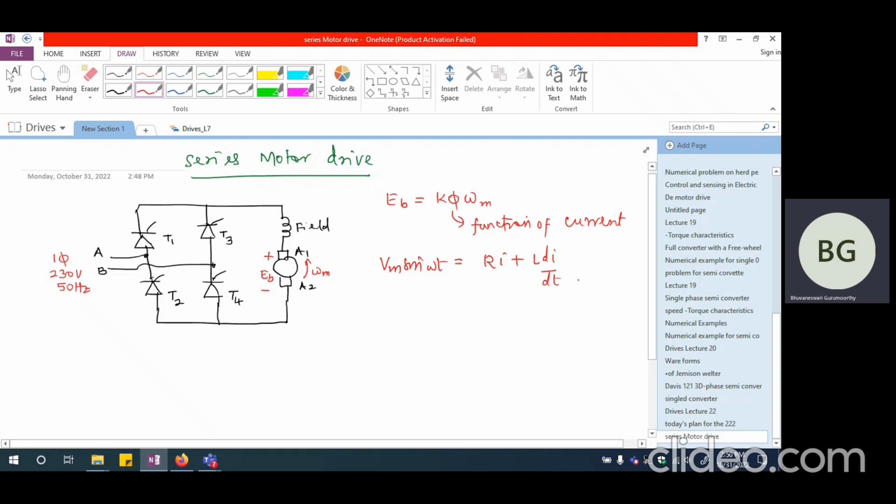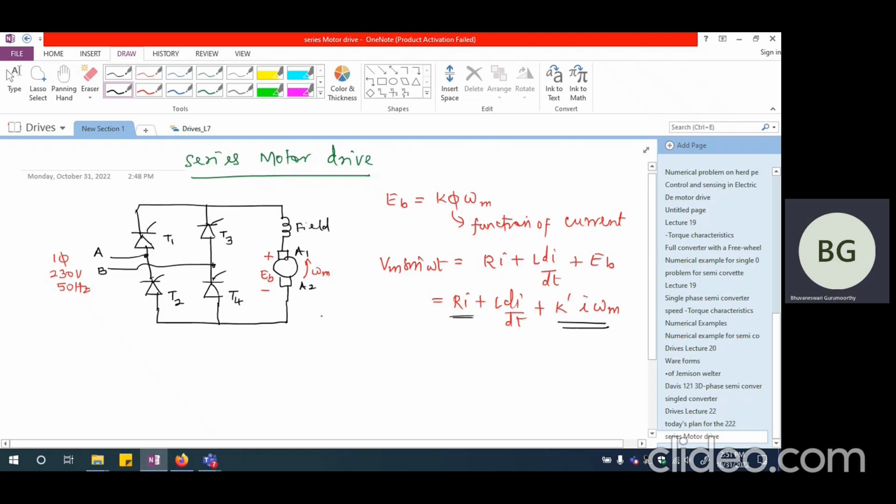That's why I'm writing this as I, plus Eb. Where Eb itself I can write as Ri plus L di by dt plus K dash multiplied by I multiplied by omega m. So this actually introduces the complication for us and we are not going to be able to get a closed form solution for the I value. So we will not be able to get a proper solution for the current.